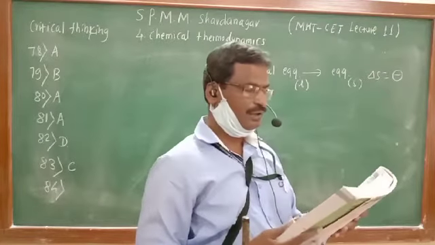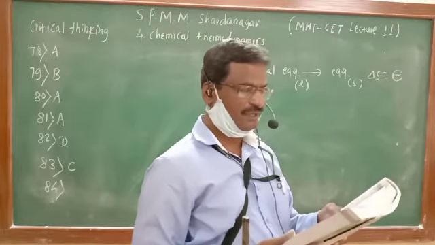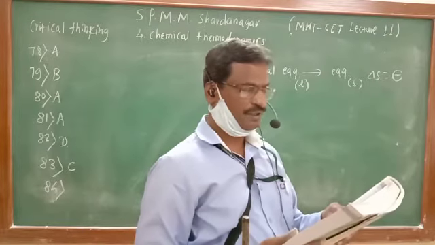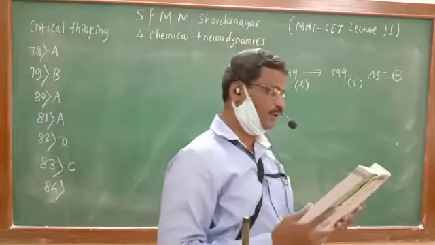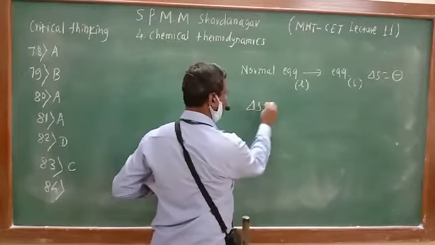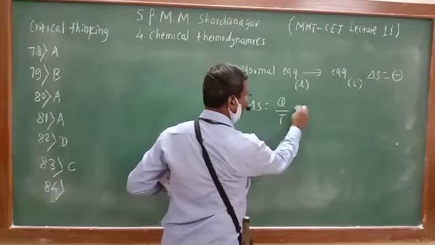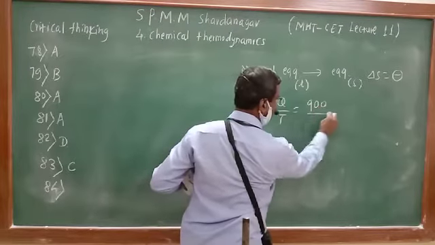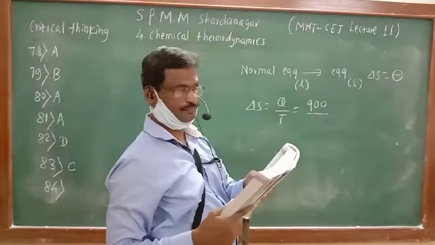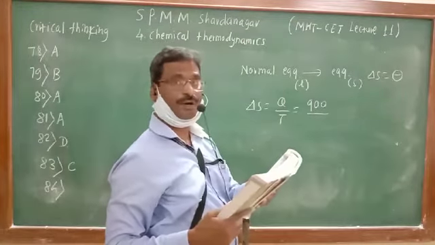If 900 joule per gram of heat is exchanged at the boiling point of water, then what is the increase in entropy? Entropy we have to calculate. Delta S is Q upon T. 900 joule per gram.